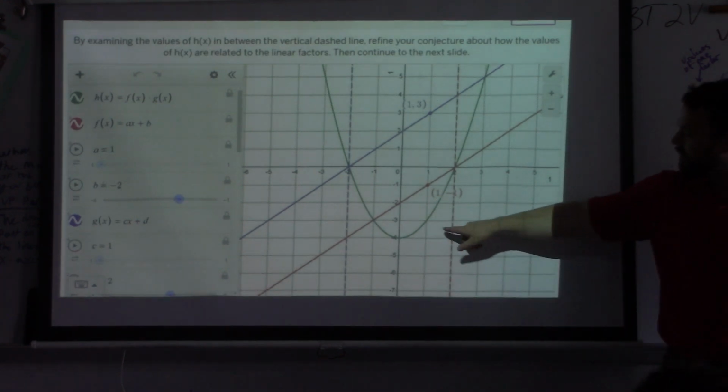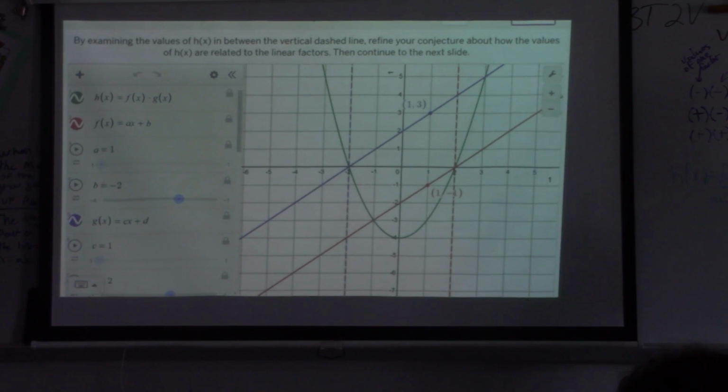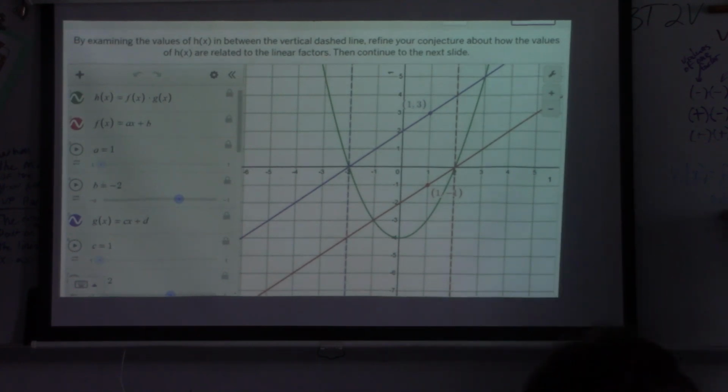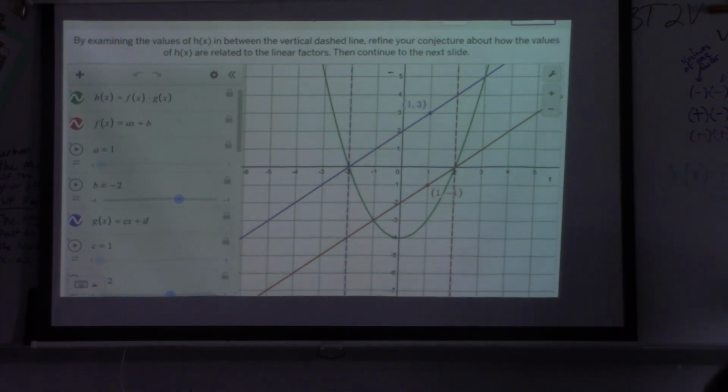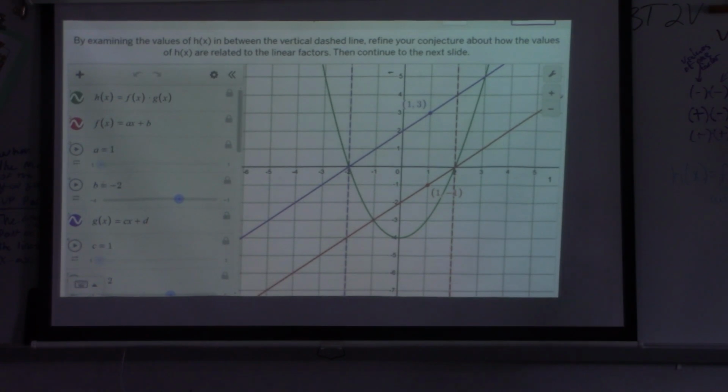What's the y value right here? It's also negative 3. So what's really happening to get h of x? We are multiplying the outputs. So if I have the linear factors graphed, all I have to do is figure out how to multiply their outputs.